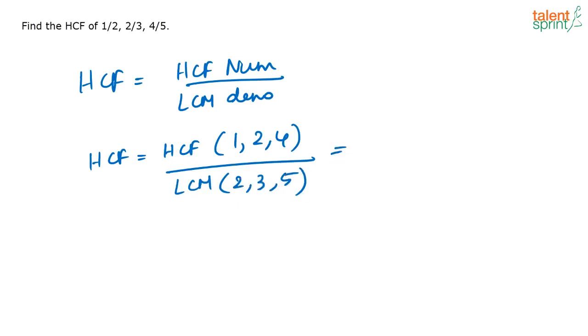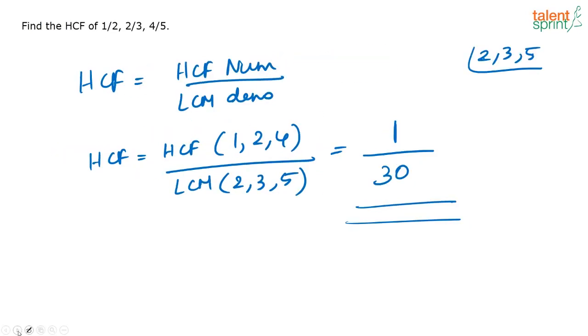HCF of 1, 2 and 4 is 1, and LCM of 2, 3 and 5 is 30, correct? 15 will not come because 15 is not a multiple of 2. If you want, you can try it out, it will be 30. So, 1 by 30 is the answer.